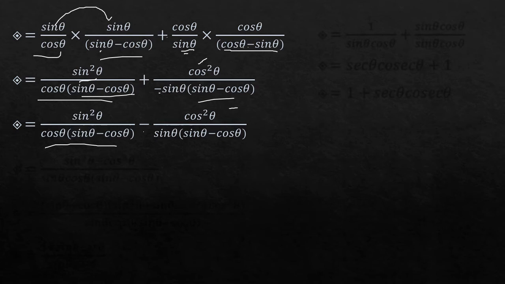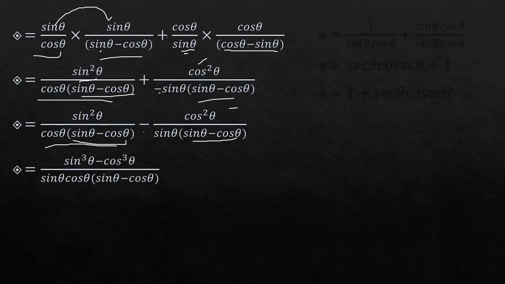Now how to take the LCM here? See, this is common in both. As in LCM you studied in the first chapter, the common term is written once, and the terms which are not common are written too. So the LCM will be sin theta cos theta into the bracket which is common, sin theta minus cos theta.